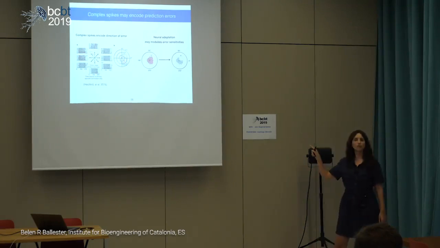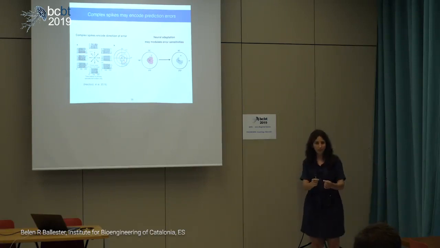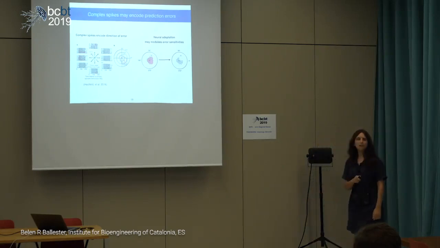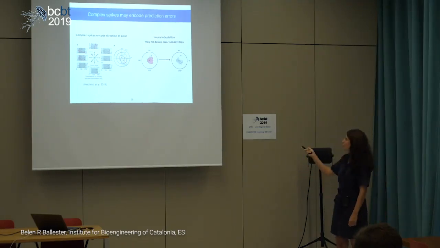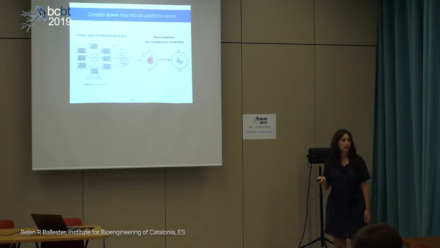And this is what they got. So they found out that from Purkinje cells, they are able to decode visual directional errors in ocular movements. Okay, so it's a good candidate for storing memories, because direction-tuned cells, as we saw before, can rearrange rapidly through neural adaptation.